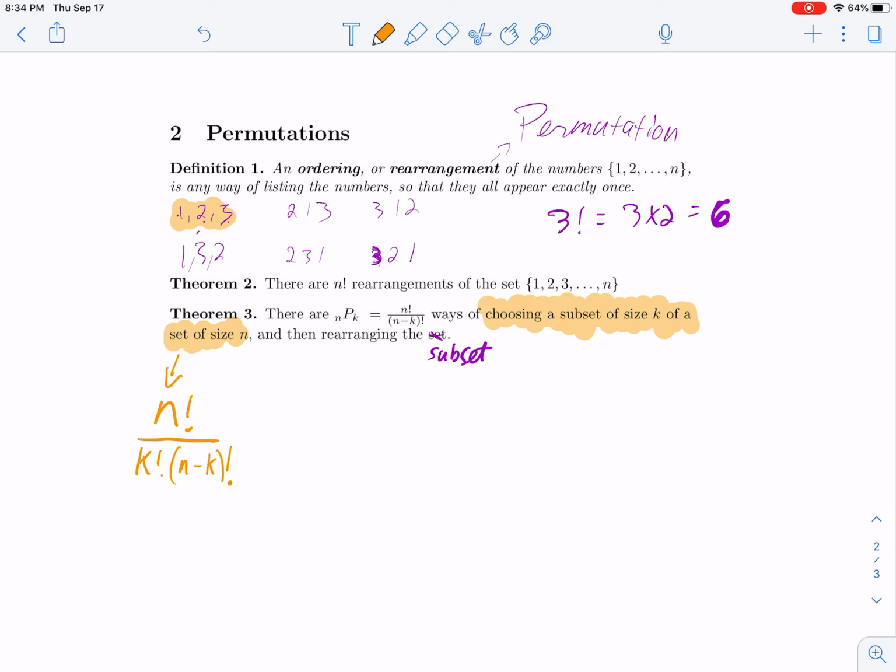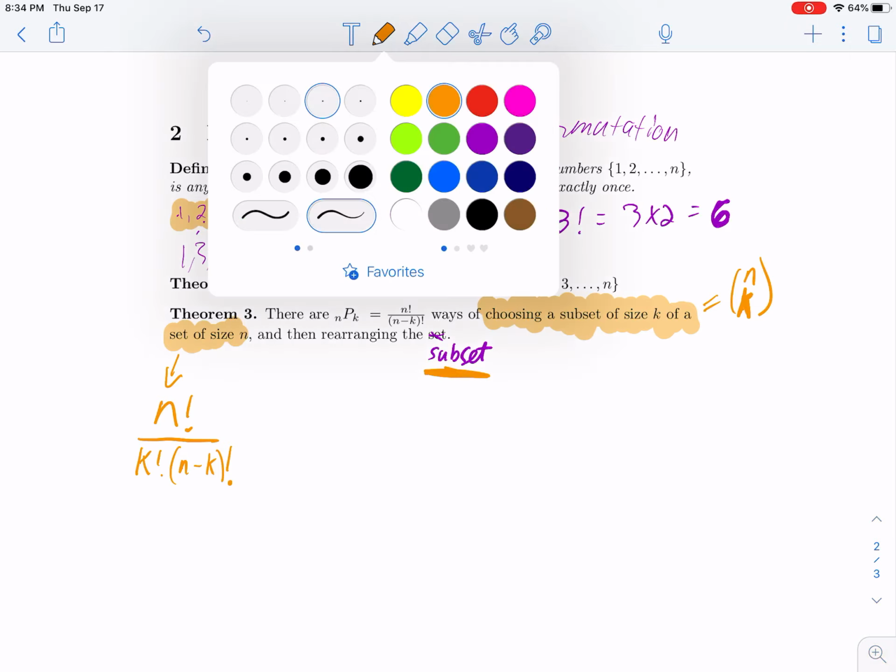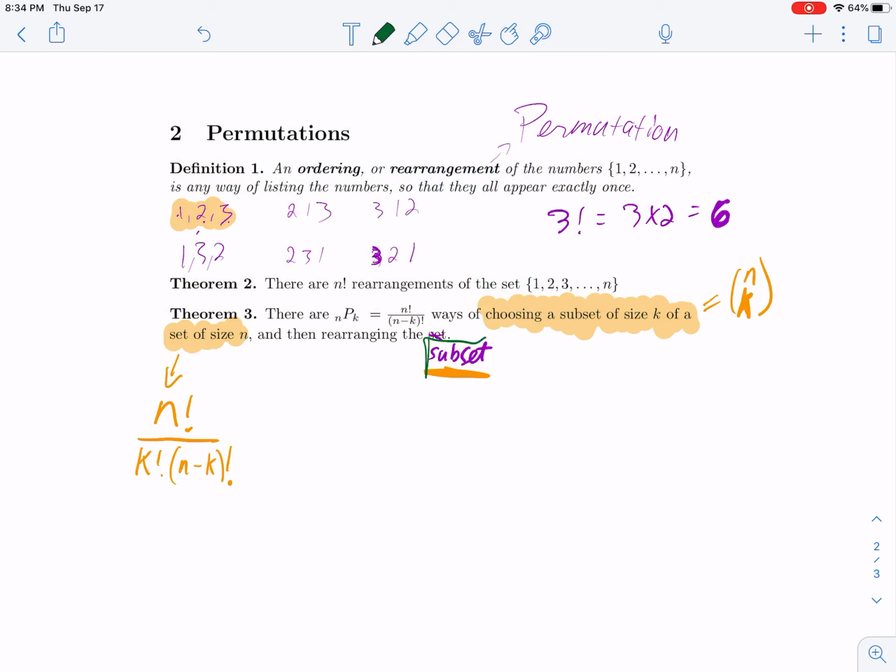This orange thing, this is n choose k. But then I want to rearrange the subset. And how many ways are there to rearrange a subset? Well, we've got to care about how many numbers are in it.